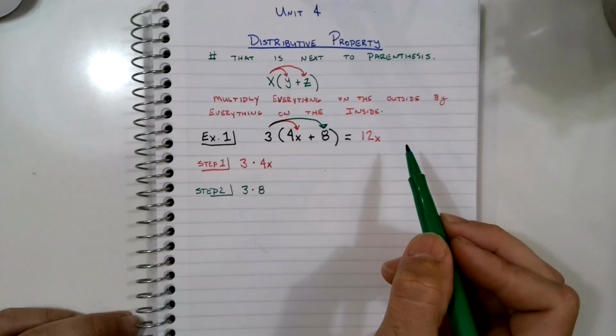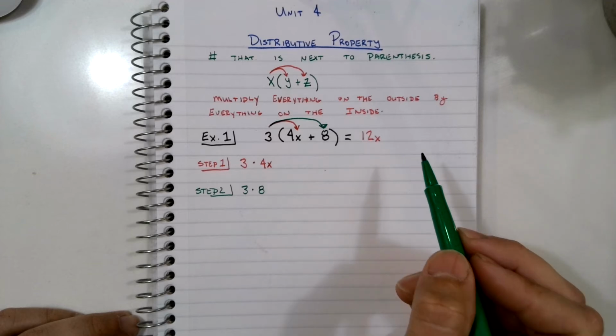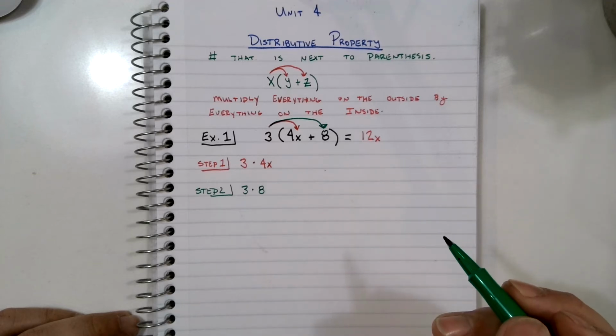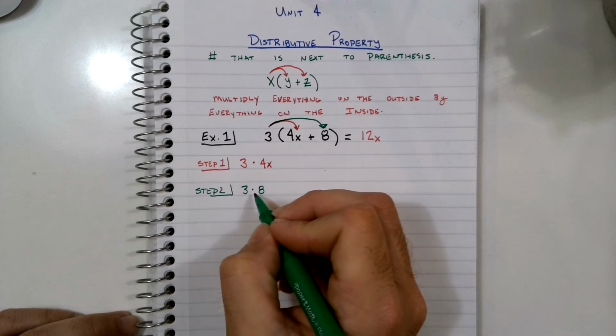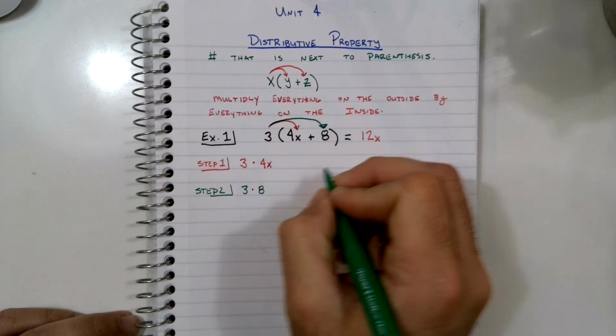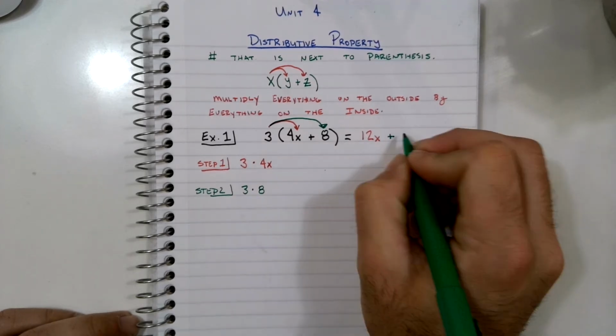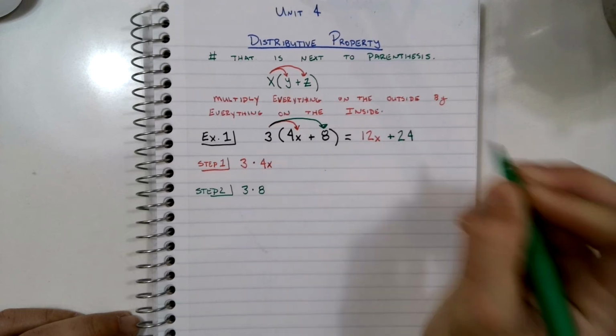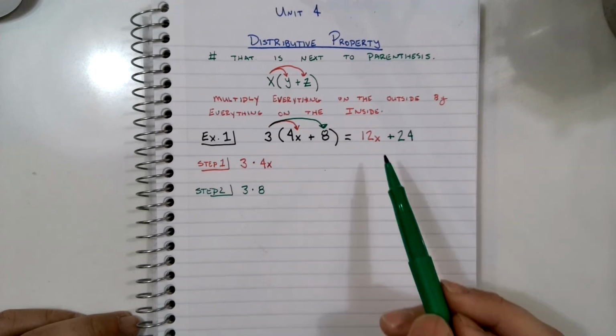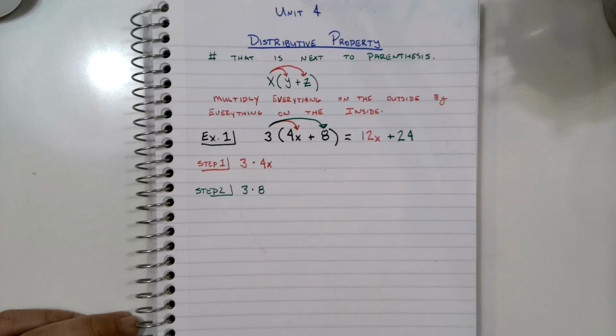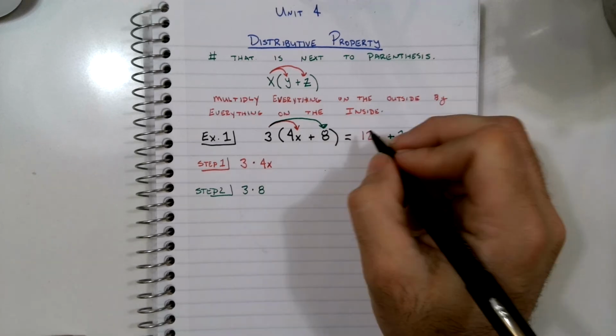Don't do that. Let your sign determine what your operation will be. So positive 3 times positive 8 is positive 24. I'm going to write positive 24 there, so now I know it's plus 24, and that's my final answer.